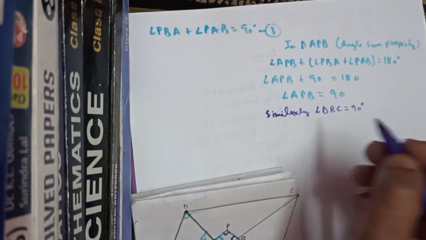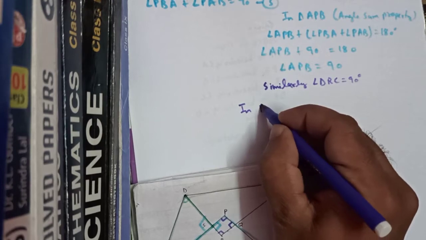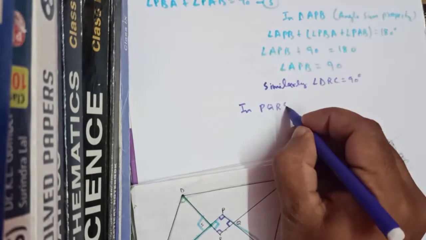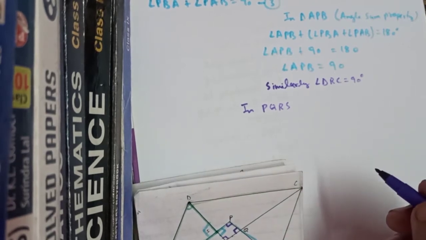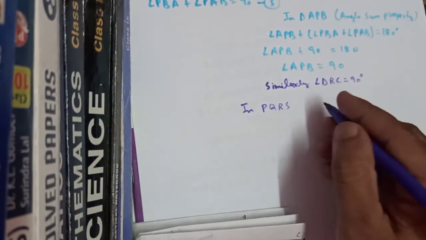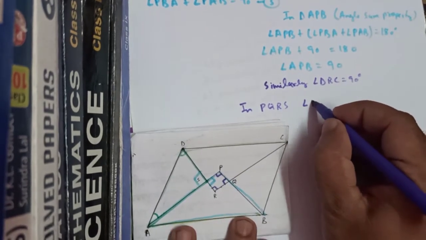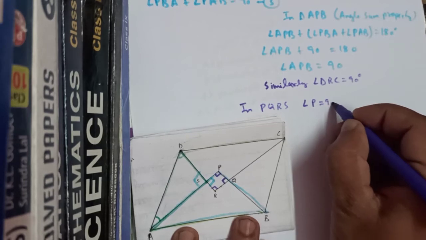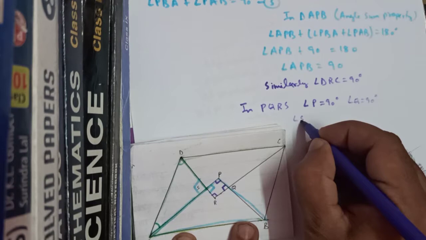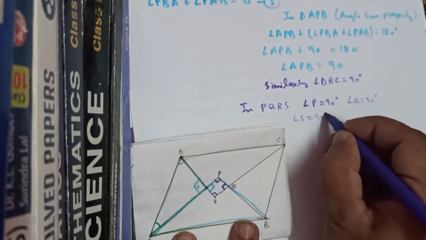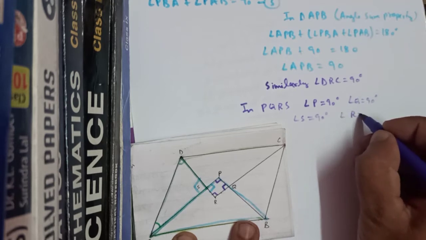So we have proved that in the quadrilateral PQRS, all angles are 90 degrees. That means angle P is equal to 90, angle Q is equal to 90, angle S is equal to 90, and angle PQR is equal to 90.